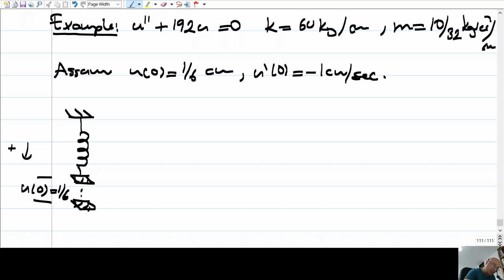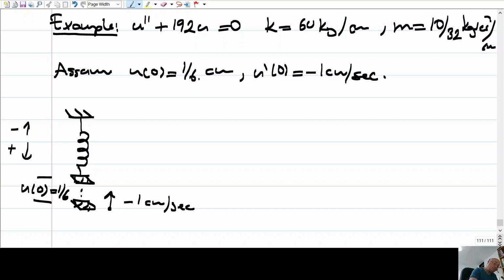If I take this as the positive direction, this is the negative direction, so initially it has negative velocity, minus 1 centimeter per second. So I pull the object down and throw it upward with this much velocity.